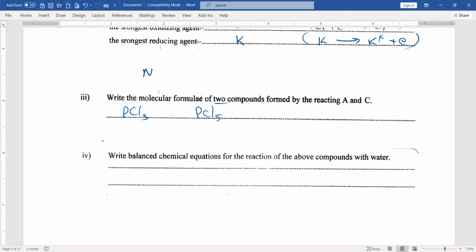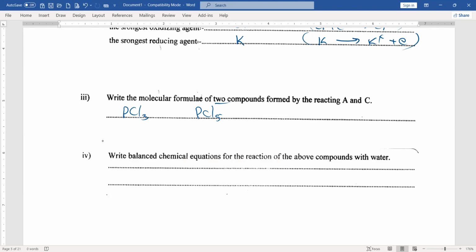Nitrogen forms only NCl3. Nitrogen cannot form NCl5 because nitrogen has no empty low-lying energy levels. Nitrogen has no 3d orbitals. So that is another point to identify this A as phosphorus.